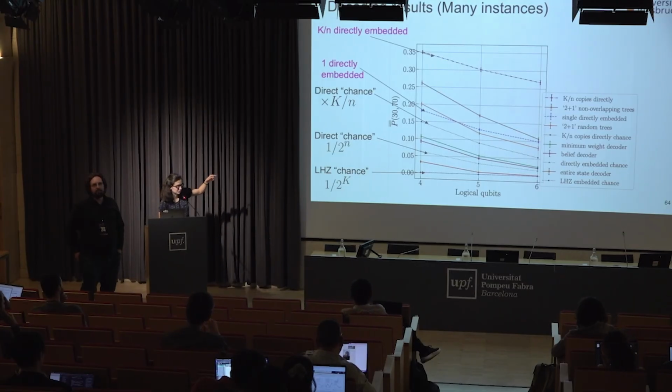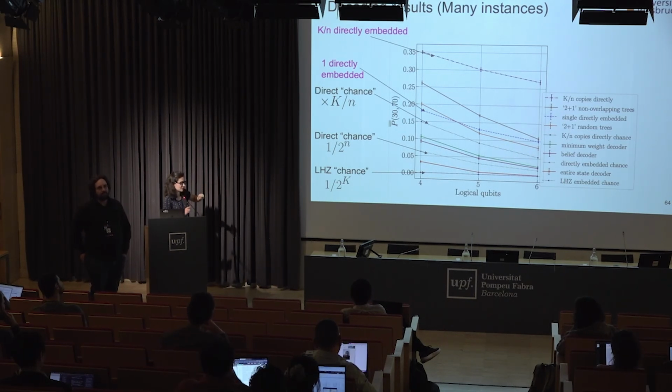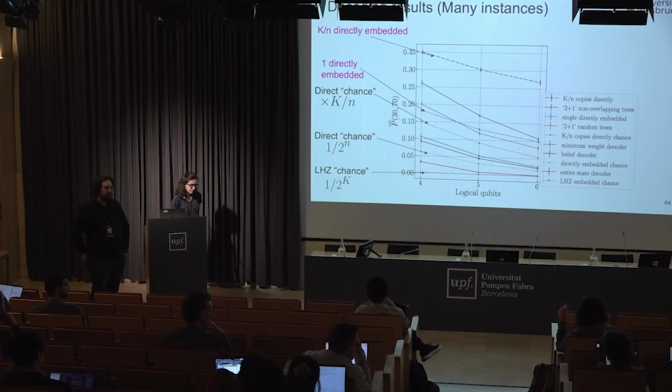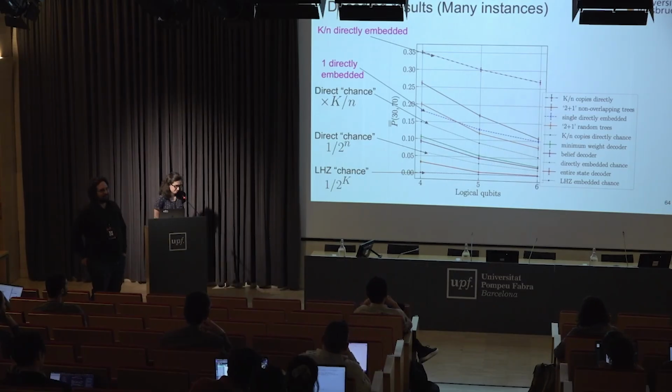So it's equivalent to 3 copies of the direct model. So we have 5 qubits, and 5 times 3 is 15. So this is an equivalent number of copies. It doesn't always correspond to an integer number of copies, but it's the same number of qubits. So it would be like k/n many times the probability of the direct chance. Yes.